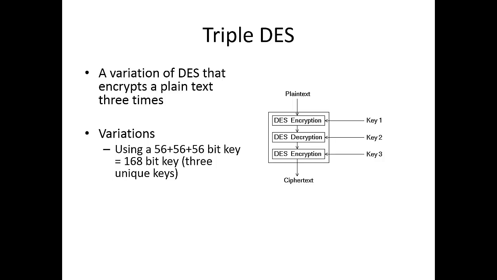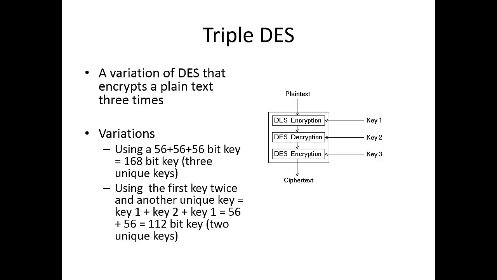I said a 56-bit key for each encryption, so if you use 3 different keys for encrypting a message 3 times with the same algorithm, that gives you a 168-bit key. This is how they make it stronger, as you can see in the diagram. Plain text goes through the DES algorithm 3 times using unique keys each time, and you get this ciphertext.